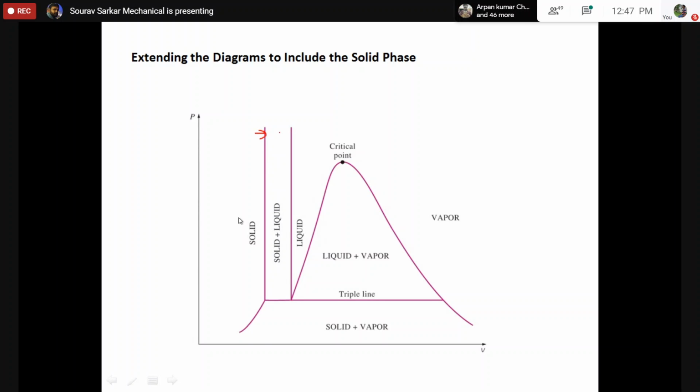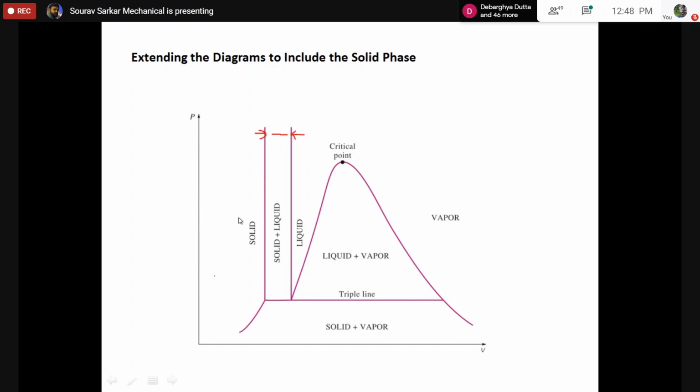This is the melting process, and this is the end of melting. Then there is sensible heating, then it will reach the boiling point, the boiling will start and the boiling will end, then you will find superheated vapor.